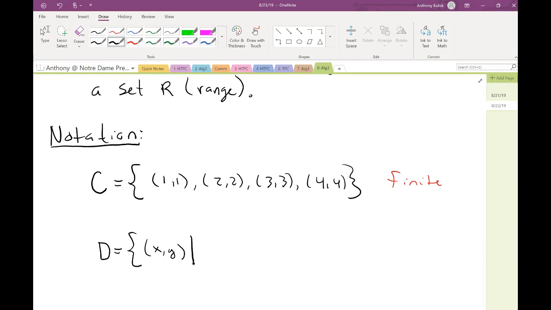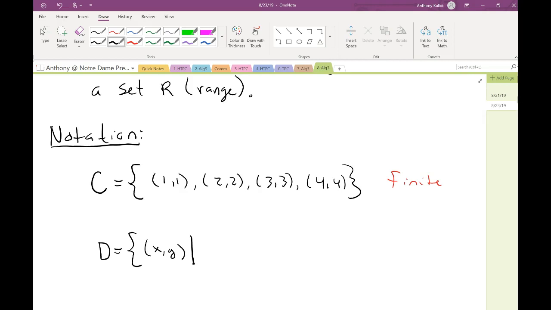And maybe this infinite set is all the points that look like 1, 1, 2, 2, 3, 3, 4, 4, 5, 5, 6, 6, 7, 7, 8, 8. All the ordered pairs where the x and y are the same.